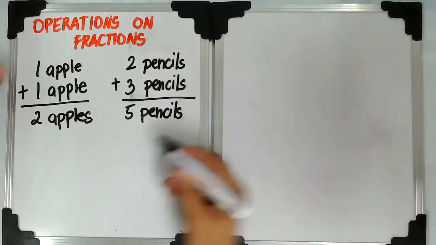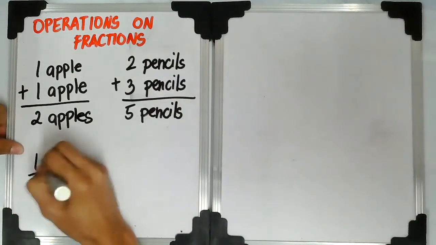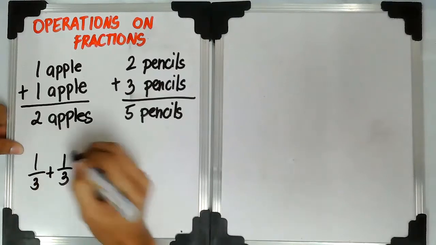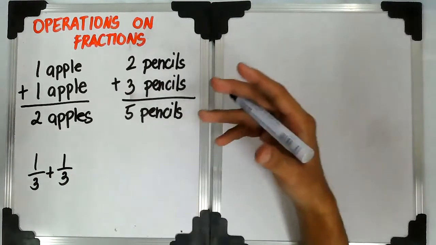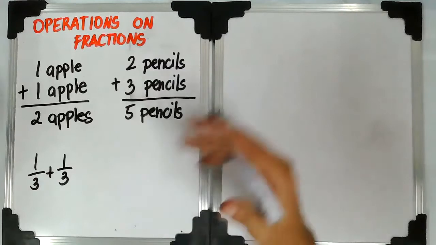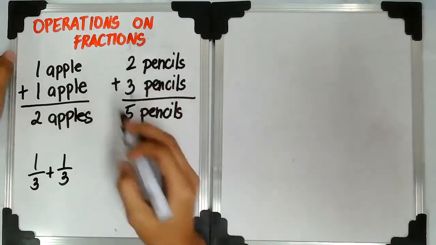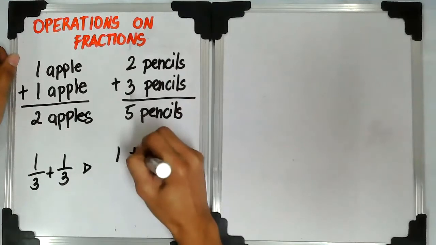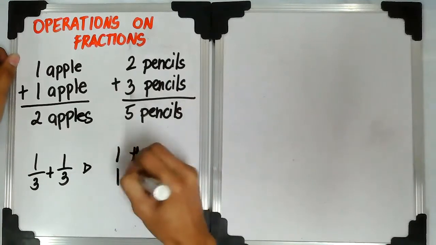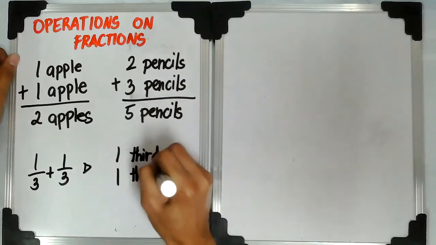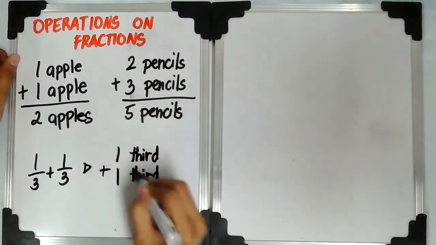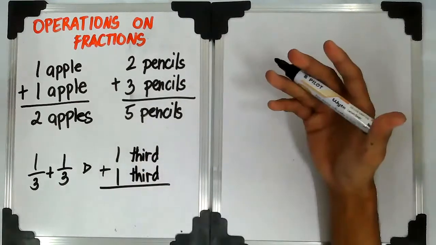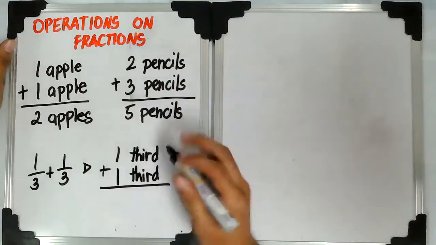How about if we're going to have 1/3 plus 1/3? If you're having a hard time dealing with these fractions, you can basically rewrite this in the form of these words. So you will have 1/3 plus 1/3. All right. So this will be equal to, you have two of the same thing that you're going to add.